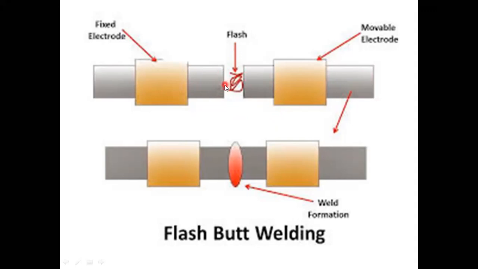In the prior section, the spot welding, seam welding, and the other one I told you about, that is, projection welding, power is applied when the two electrodes are connected and the circuit is completed.